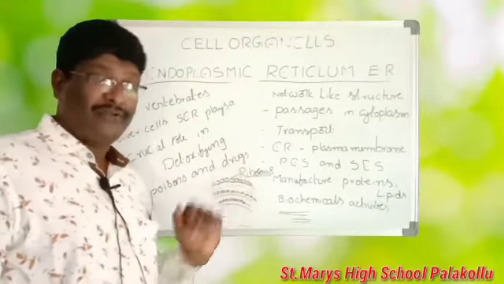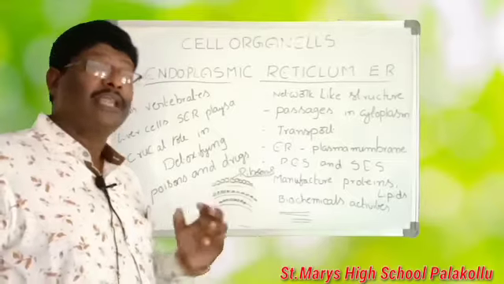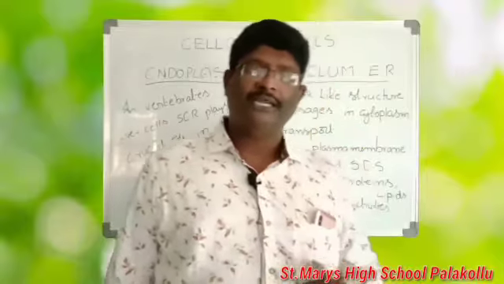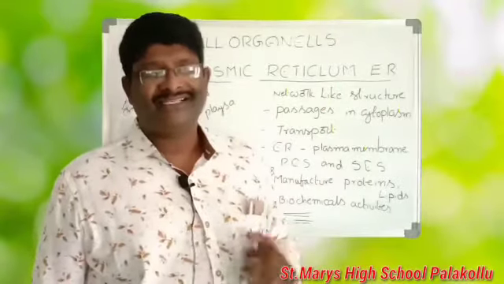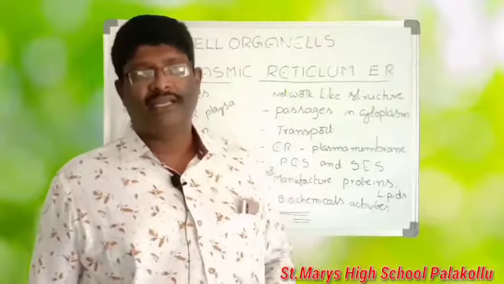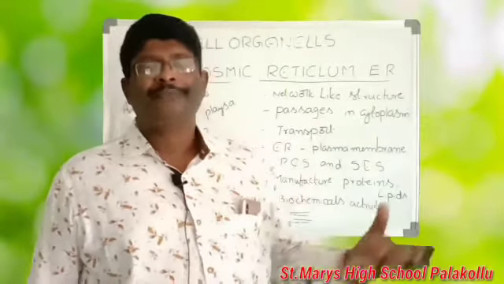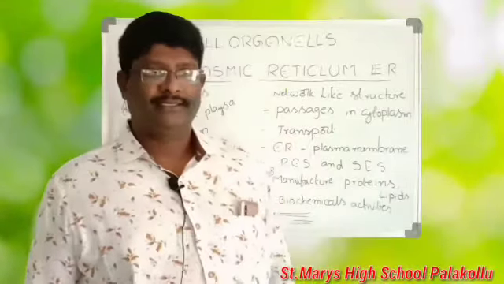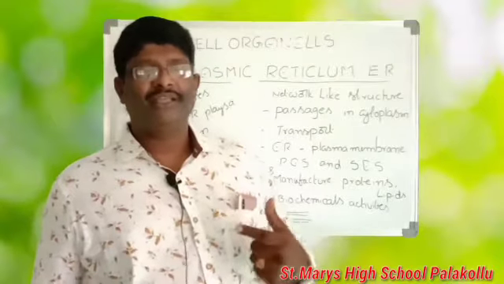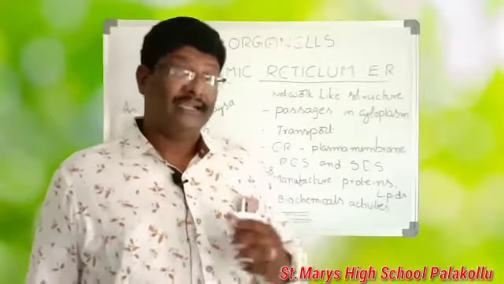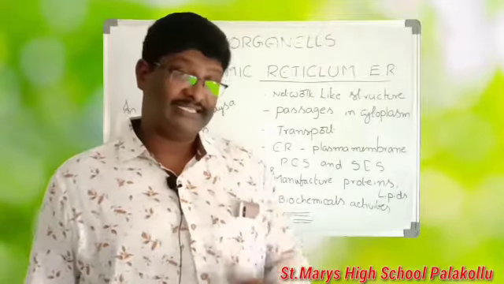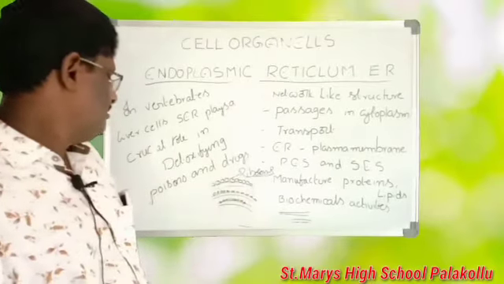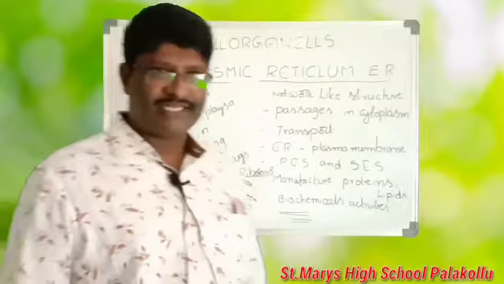Rough endoplasmic reticulum has ribosomes, which are useful for the synthesis of proteins. Smooth endoplasmic reticulum prepares lipids. So that's the reason this endoplasmic reticulum transports the proteins and lipids in the cell where they are needed. In vertebrates, it plays a crucial role in detoxifying poisonous drugs.